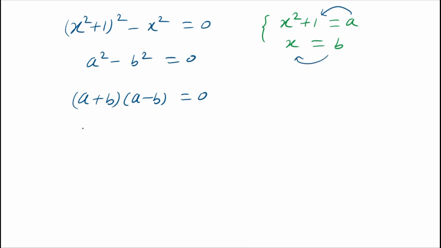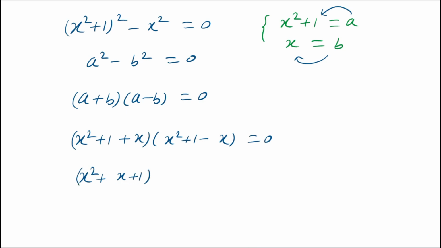So a is replaced by x² + 1, plus b which is x, multiplied by a which is x² + 1, minus b which is x, equals 0. On the left-hand side we have (x² + x + 1) multiplied by (x² − x + 1) equals 0.